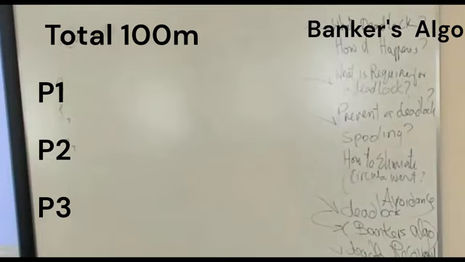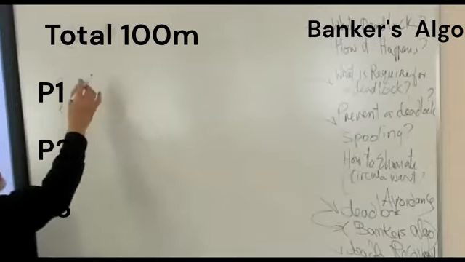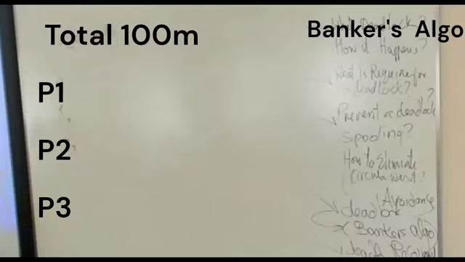And then people come in and ask for loans, whatever it is. The bank has a maximum of 100 million. So if somebody comes up and says, I need 200 million, we say, sorry, we can't even talk with you. We don't have that kind of money.